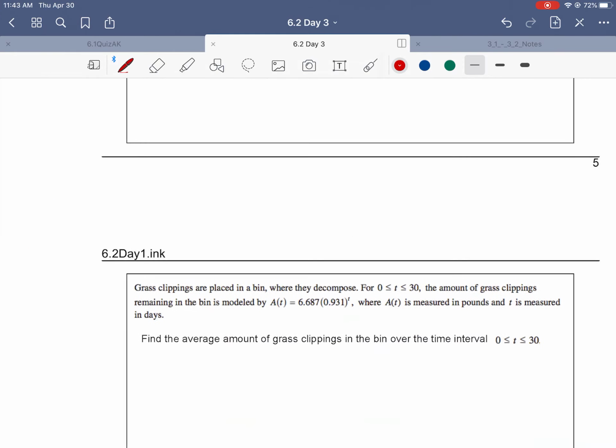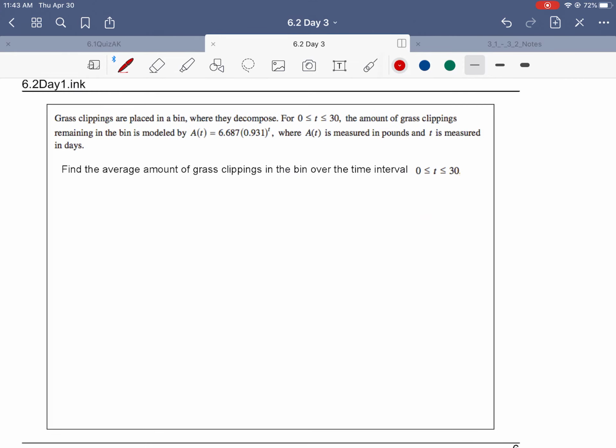Just going to do one more here. We'll do the grass clippings. So grass clippings are placed in a bin where they decompose from 0 to 30. The amount of grass clippings remaining in the bin is modeled by this. So this is an amount. Find the average amount. So in this case, we're given the equation we need.